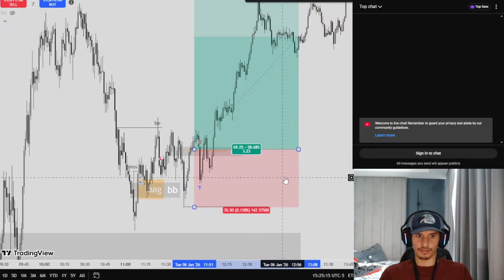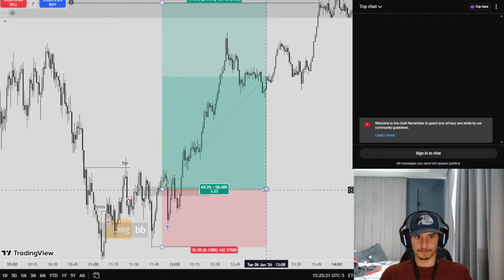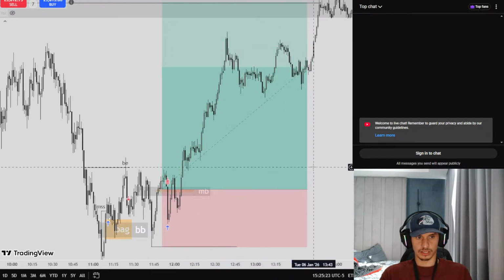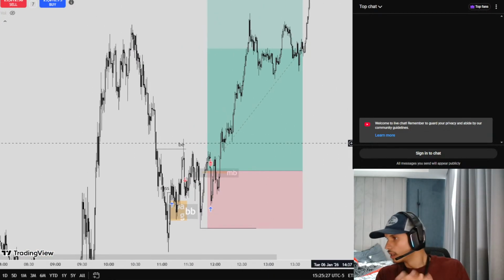About a 35 point stop loss too, which is good. That would have been 5 cons. Yep, tight trade, tight trade. I'm sure a lot of people capitalized.